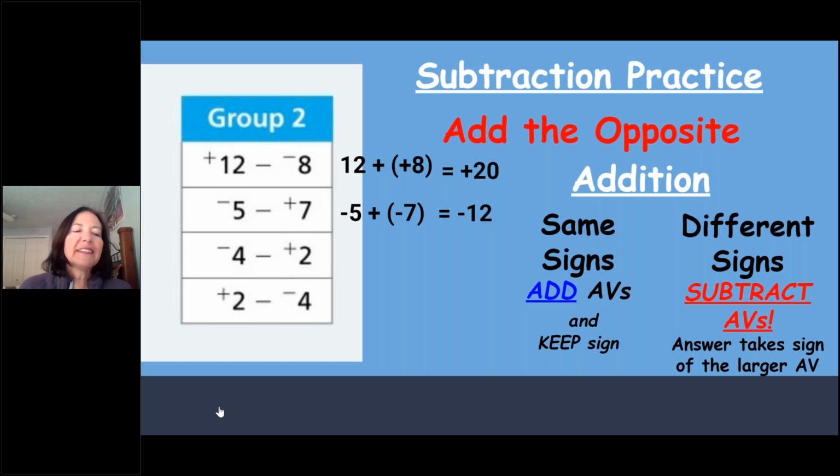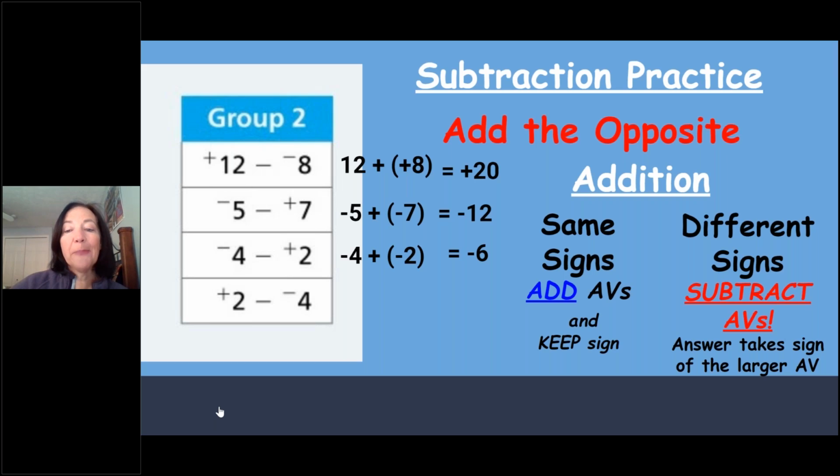Okay, the next problem is negative 4 minus a positive 2. Help me rewrite that one. Negative 4 plus negative 2. That's correct. And what does that equal? Negative 6. Negative 6 is correct.